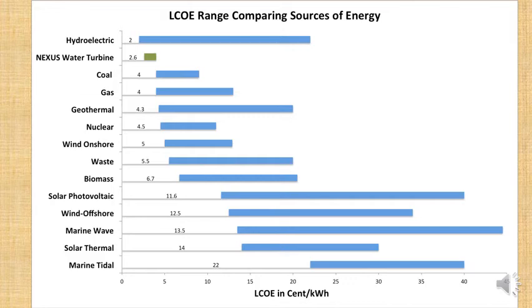Now, the reason for that is because generally with renewable energy, the capital cost, that initial outlay of cash, is very high. Look at hydroelectric, which is one of the better ones for levelized cost of energy. To build a dam, you can't really build any kind of dam these days for under $1 billion.